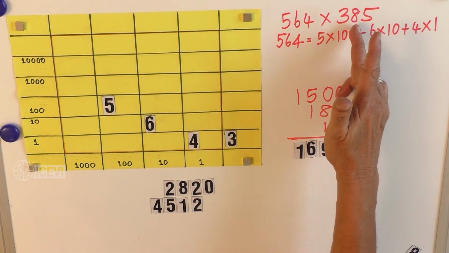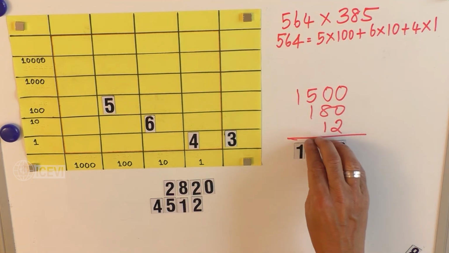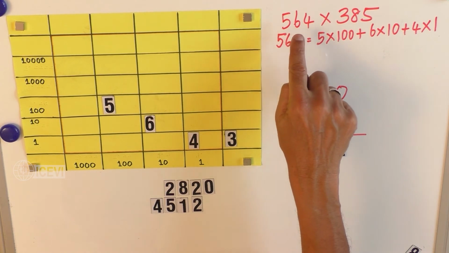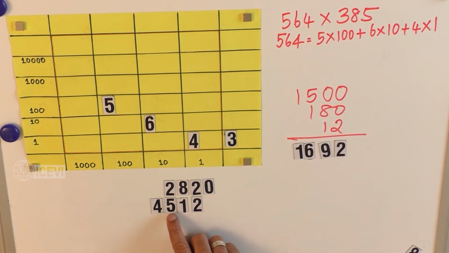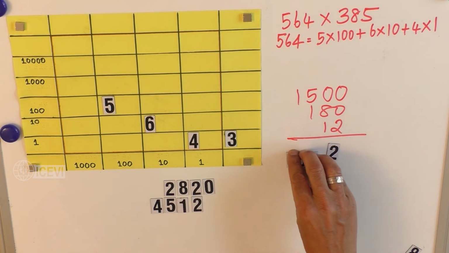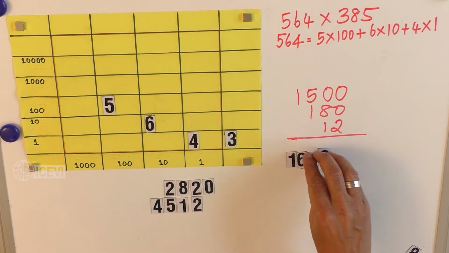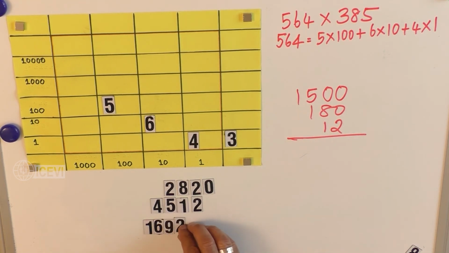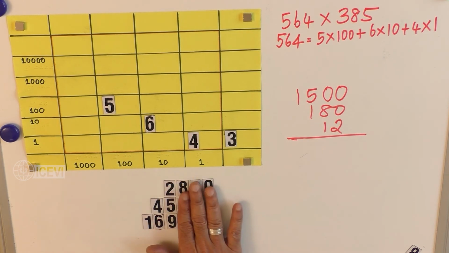As 3 is one column to the left of the number 8, and the multiplied value of 8 with 564 is 4512, so you have to place the multiplied value of 3 with 564 by skipping one column in the right of the multiplied value of 8 with 564. Now let the child explore.